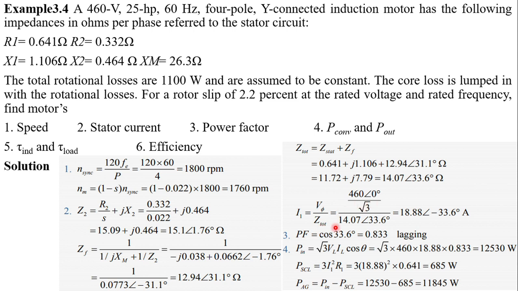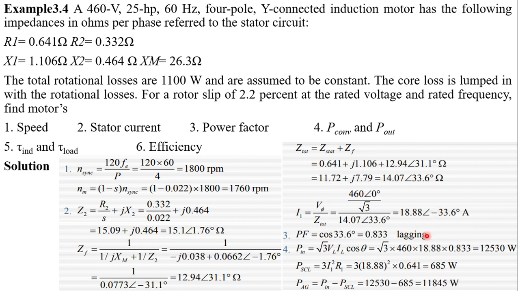After that, we get 18.88 at an angle of minus 33, which means a lagging power factor, this negative value. So the stator current is already calculated here. 18.88 is the stator current, and the power factor, second question, power factor is cosine of this value, which is a negative value, shows the lagging power factor.